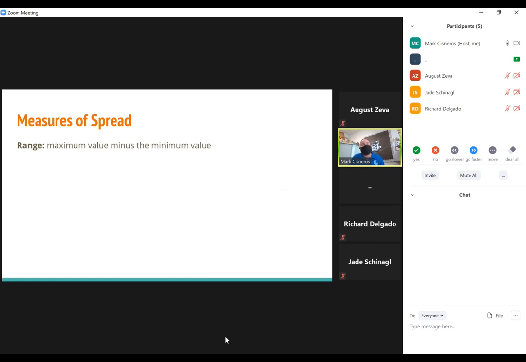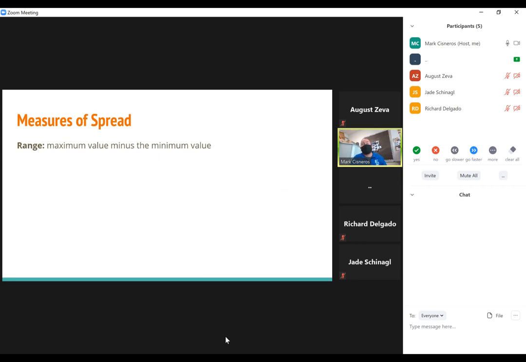What was the highest score? 91. What was the lowest score? A 4. So the highest score was a 91. The lowest score was a 4. What's the range of grades in this class? Look at the definition on the screen. Maximum value minus the minimum value.